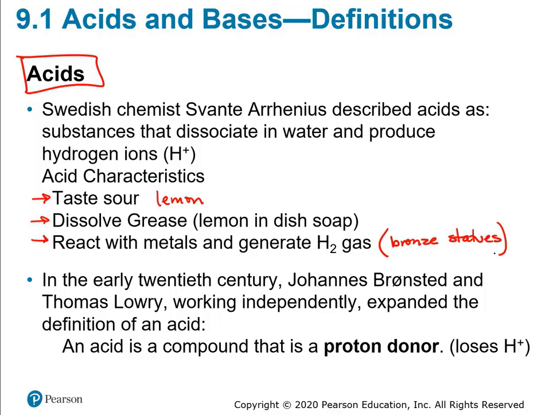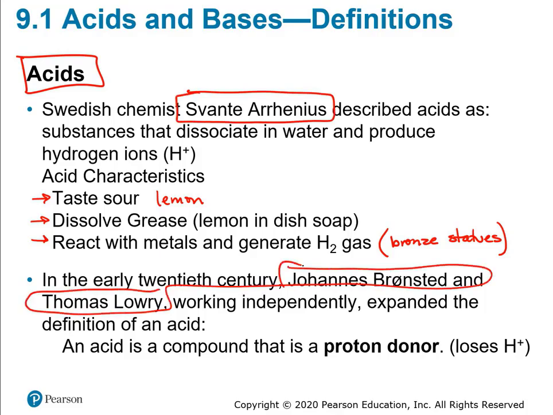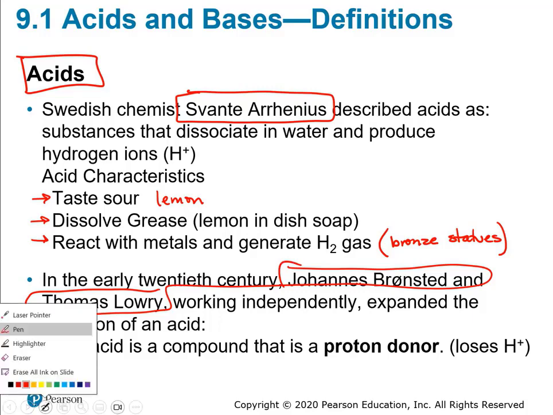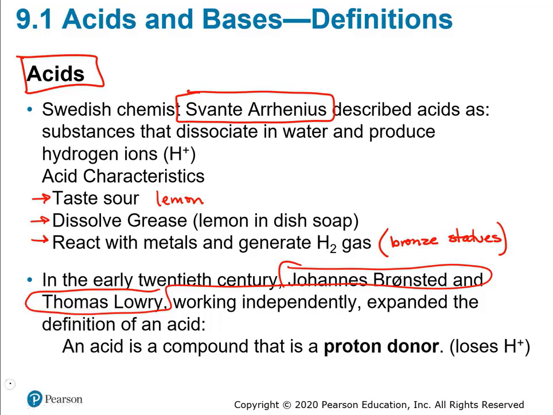So Bronsted and Lowry, there's two guys. First, there was Arrhenius, and then these two guys. They both looked at acids and bases and were trying to describe what an acid does. Arrhenius said acids, when you put them in water, produce hydrogen ions.